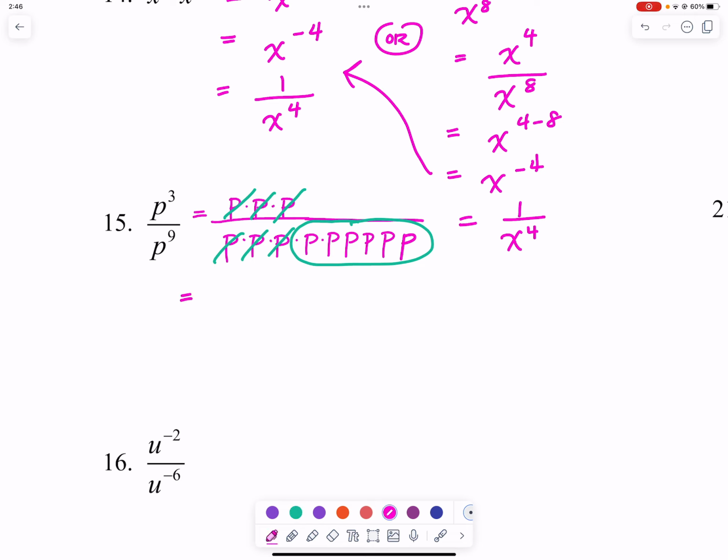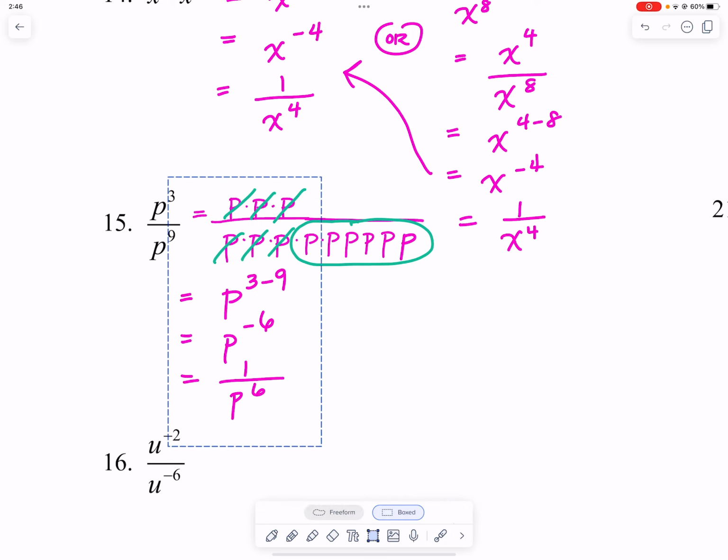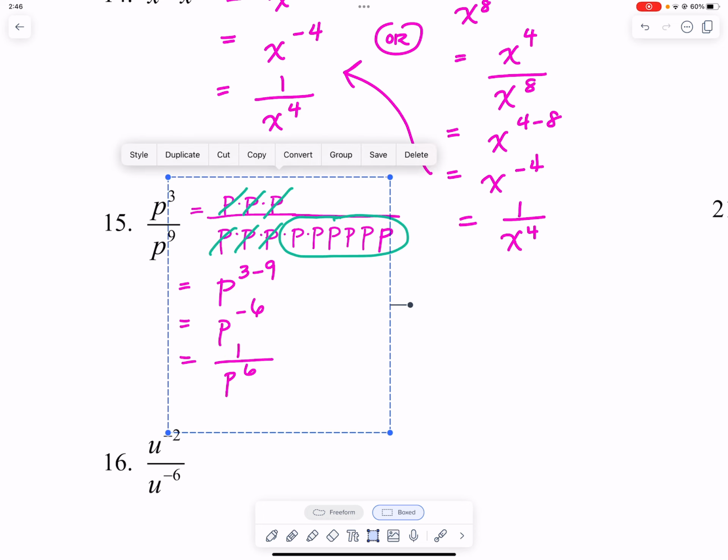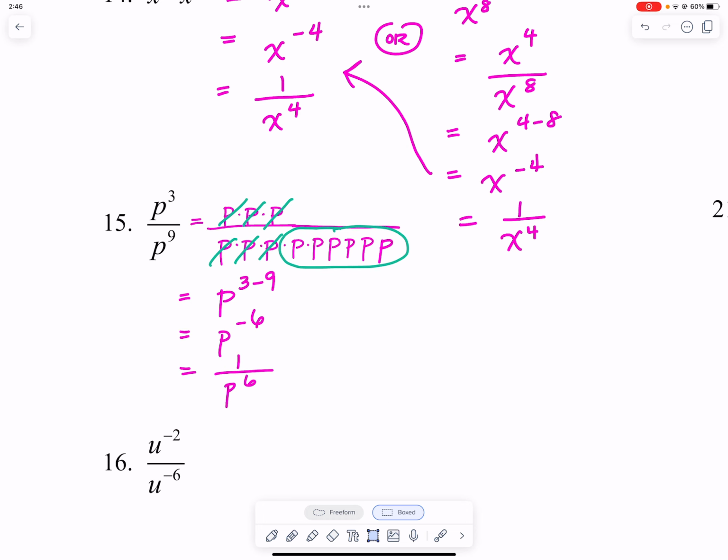So this is p to the 3 minus 9, which would leave 6 in the denominator. So I hope that that illustration is helpful. It does help sometimes to see it like that.